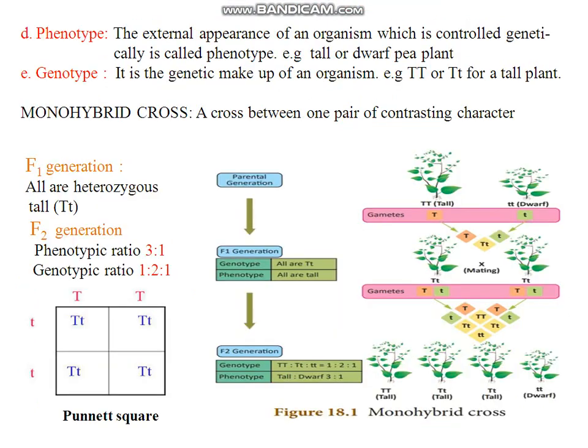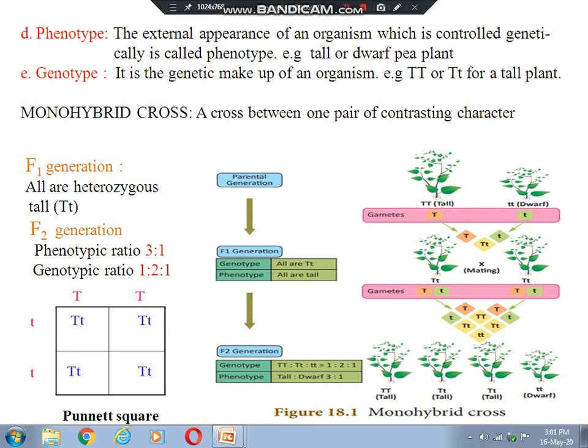Then the next definition, that is phenotype. Phenotype is the external appearance of an organism. The external appearance of an organism is called phenotype, that can be seen from outside. And genotype is the genetic makeup or genetic constitution of an organism that cannot be seen from outside.